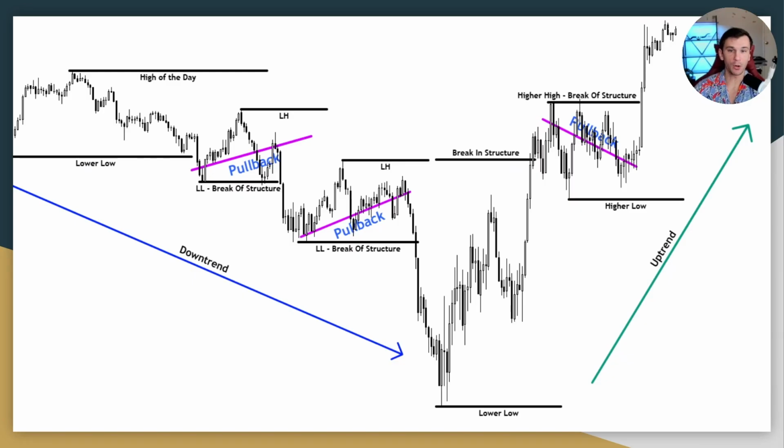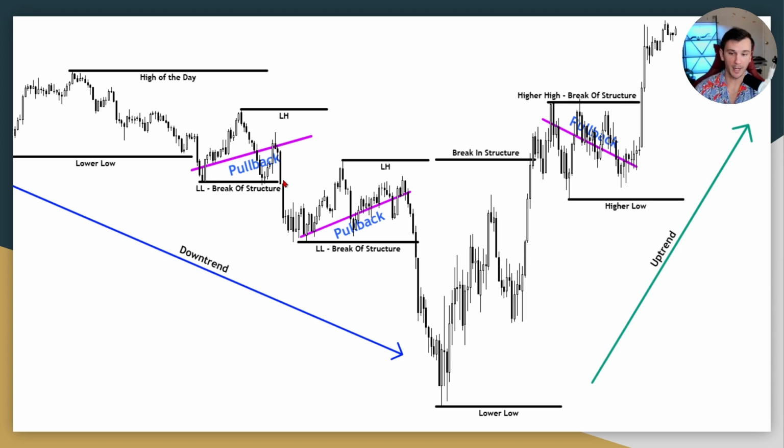So we have all market conditions shown in one picture, which is pretty cool to see. We're in a downtrend as we're coming from the left side of the screen going towards the right. We have lower lows and lower highs. We have pullbacks within that lower low, lower high structure, right? Swing point, lower low, structure, lower high, structure, okay?